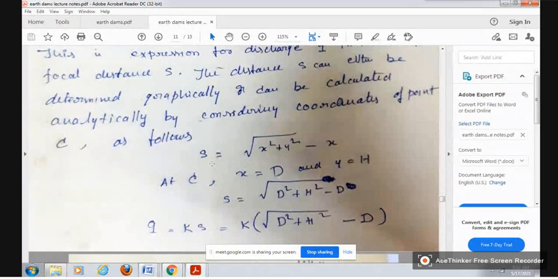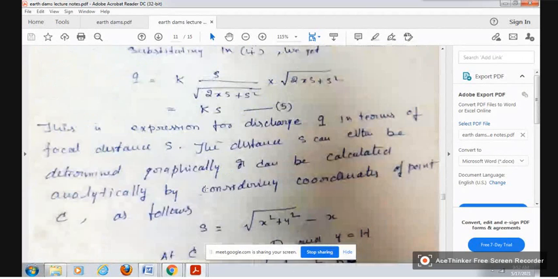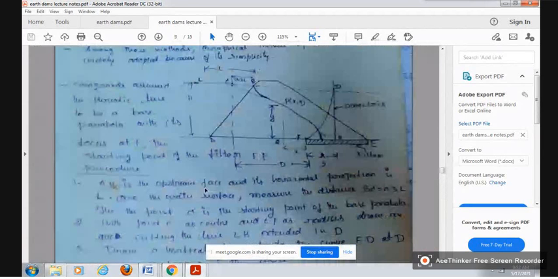S is equal to the square root of d square plus h square, minus d. So at point C, let us say this is y and this is x. So x is equal to d and y is equal to h.